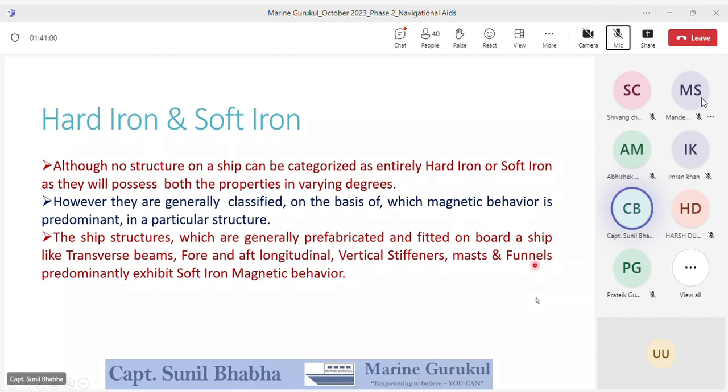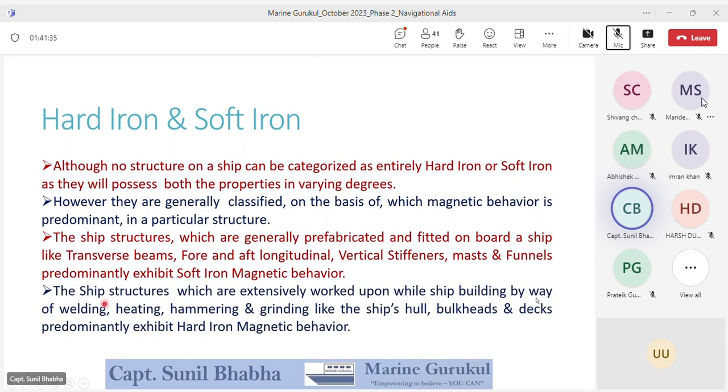If you see a ship being built in the yard, you will see that all these structures are basically prefabricated in the yard. They are picked up by a crane, brought to the place where the ship is being constructed, held in place and welded there. So these kinds of materials which are prefabricated predominantly exhibit soft iron magnetic behavior.